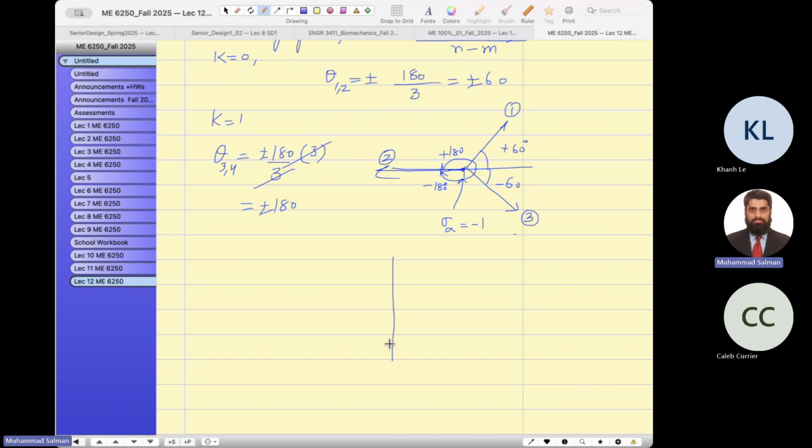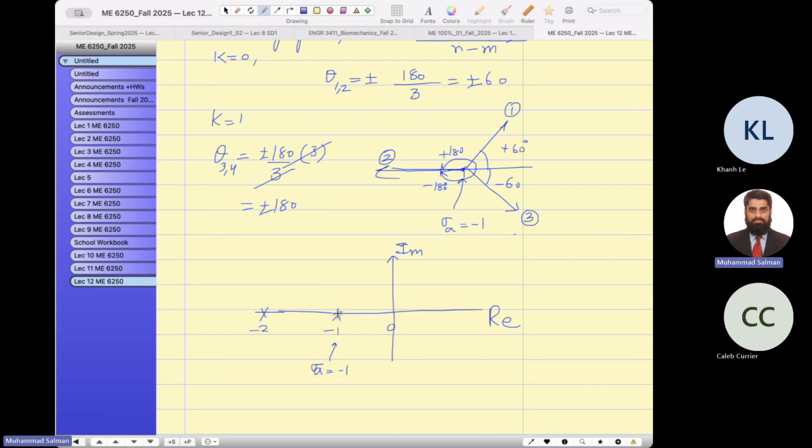So let me show you this again. This real axis and imaginary axis are actually the Laplace plane. The real axis is positive. I'm going to show you the first pole here, second pole here, third pole here, and the location of sigma a is also located here.